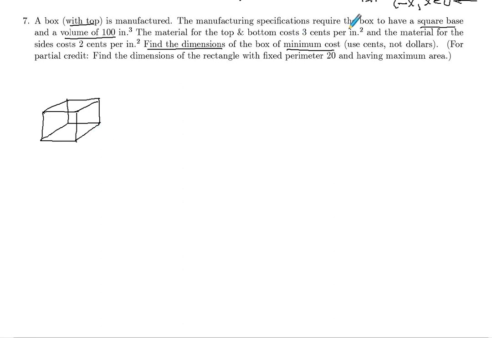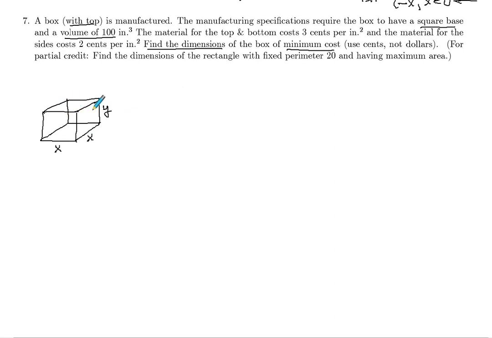And it's got a square base here. So length and width are going to be equal to each other. So why don't we call the length and width both x, and then why don't we call the height y.